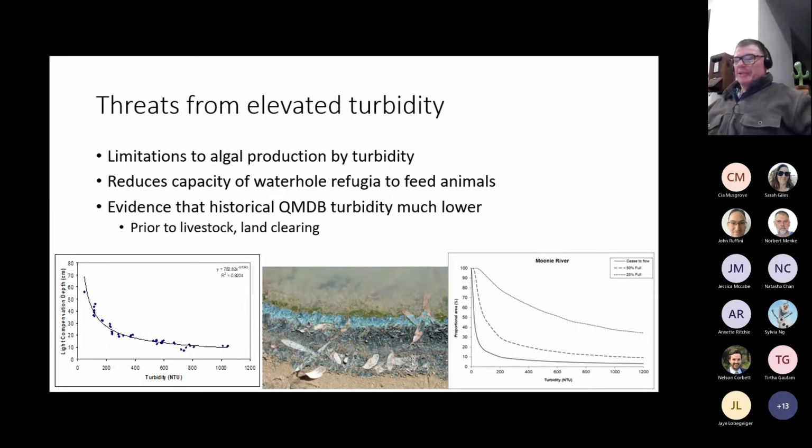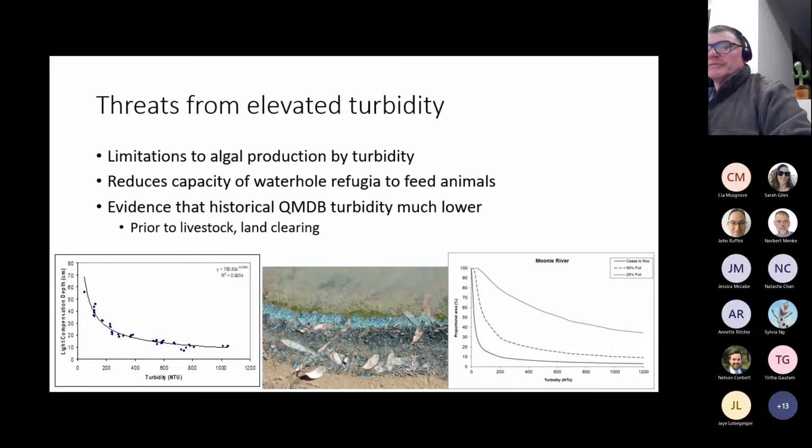It might not be something that people initially think of, but I think turbidity in these Western Murray-Darling rivers is actually one of the greatest threats to their ability to function as refugia. It limits light penetration into the water column, and that limits the amount of food that the river is able to generate from algal production.